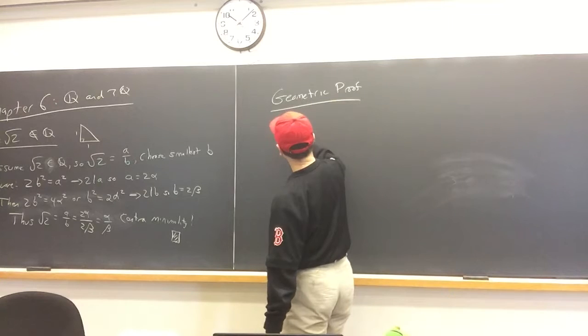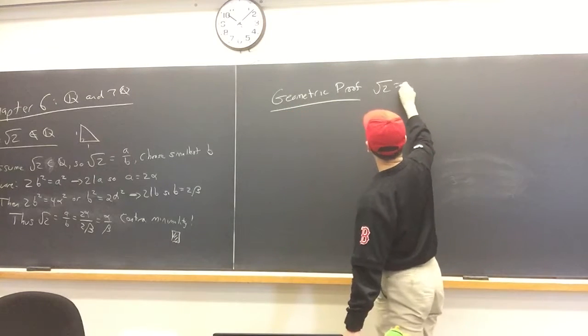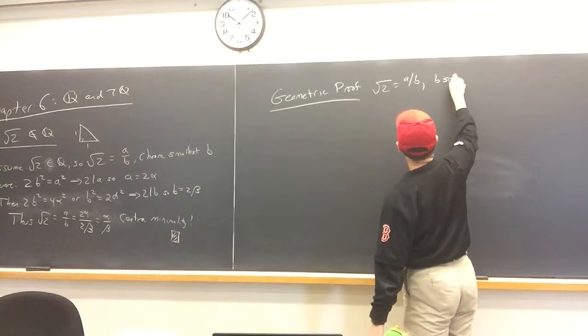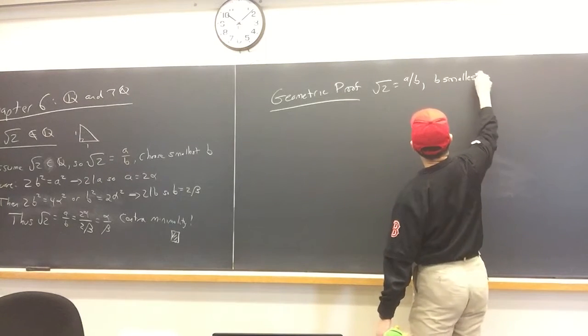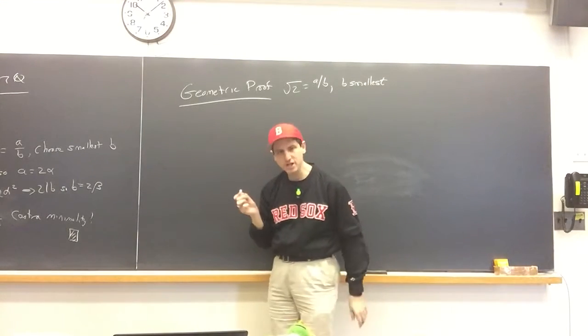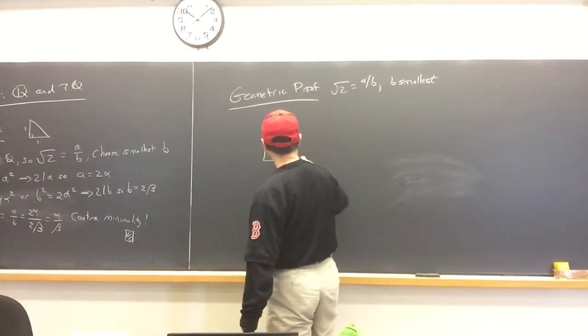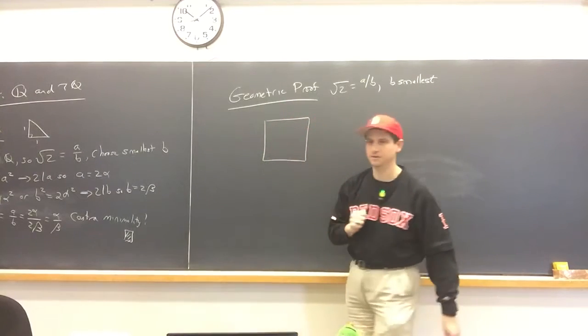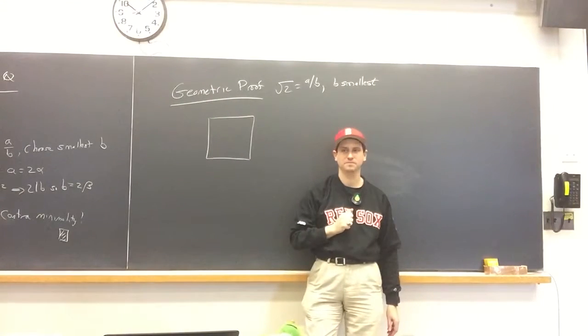So let's assume the square root of 2 is a over b, and b is the smallest possible. The proof is looking very similar to how we started, but now we're going to do the argument geometrically. Which is larger, a or b? A, right?